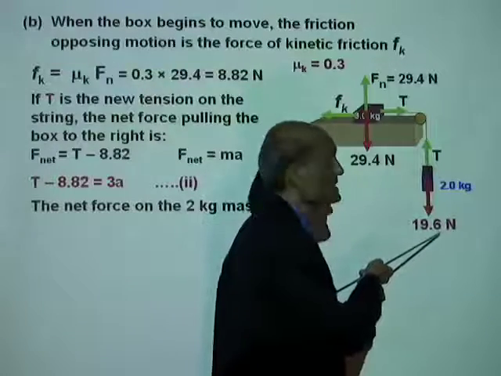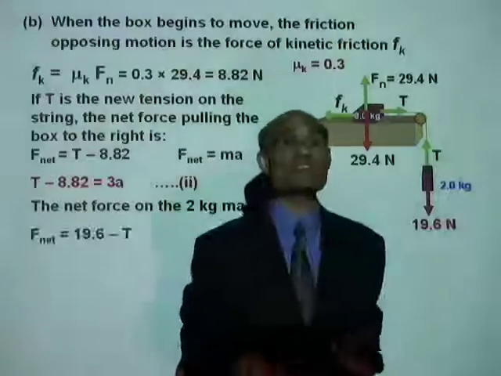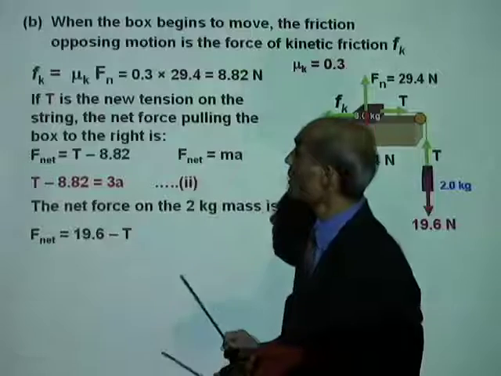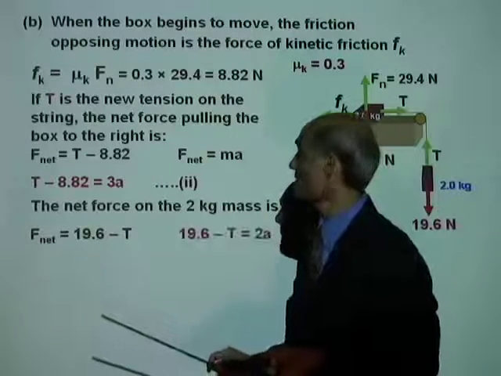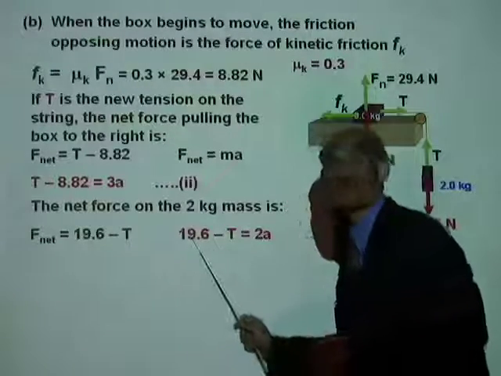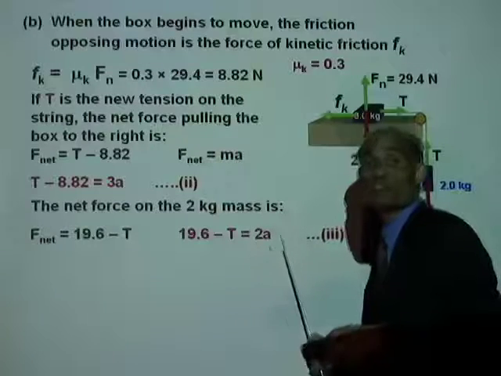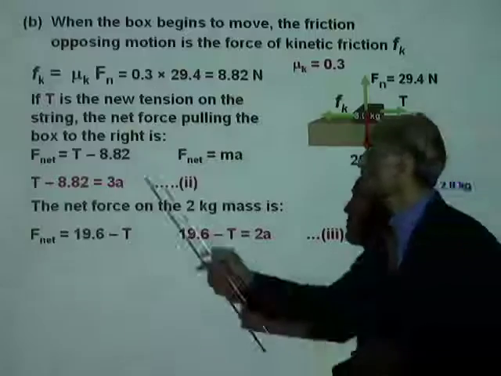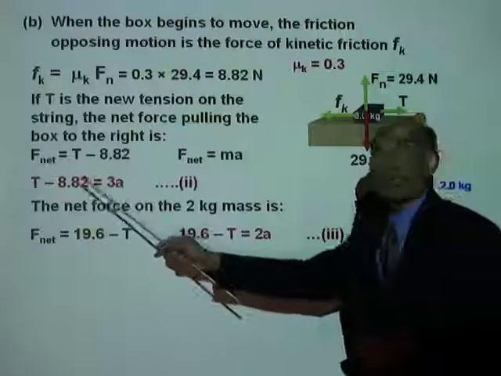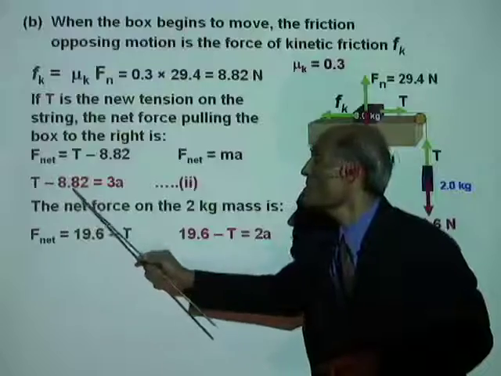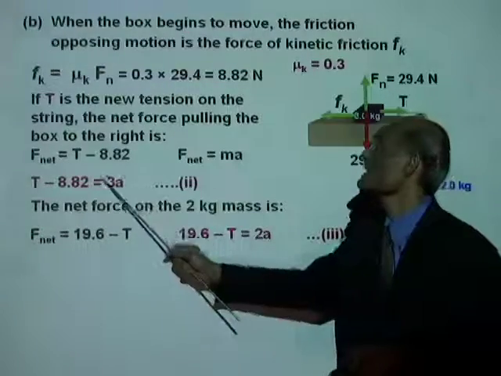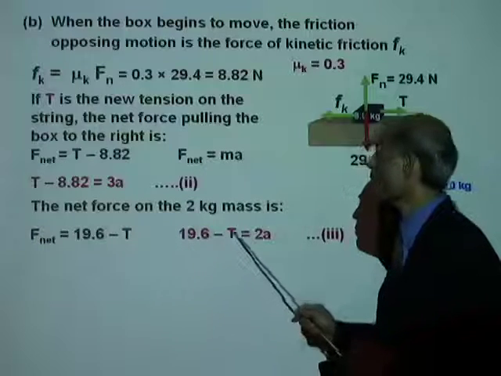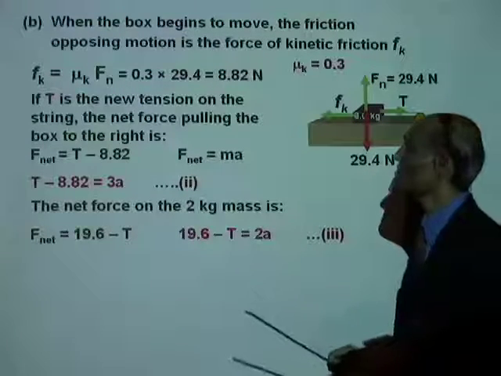That net force will be 19.6 minus T. So F net equals 19.6 minus T, and that must equal mass times acceleration. Now you have two equations. The first one is T minus 8.82 equals 3a. The second equation is 19.6 minus T equals 2a.